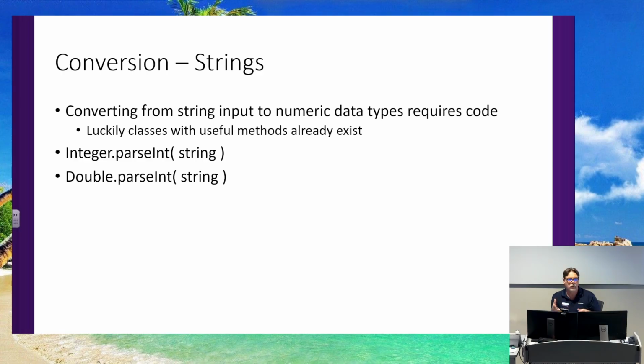Like we said, enter the number of peaches, and they enter 27, and we want to take that 27 as character data and convert it to an integer, then we would say Integer.parseInt. That's the method that we use. And each one of the numeric classes will have one or more parse methods, and you just have to look those up, but they all follow a similar pattern. You pass them the string, and if possible, they will convert that string into that data type for you.